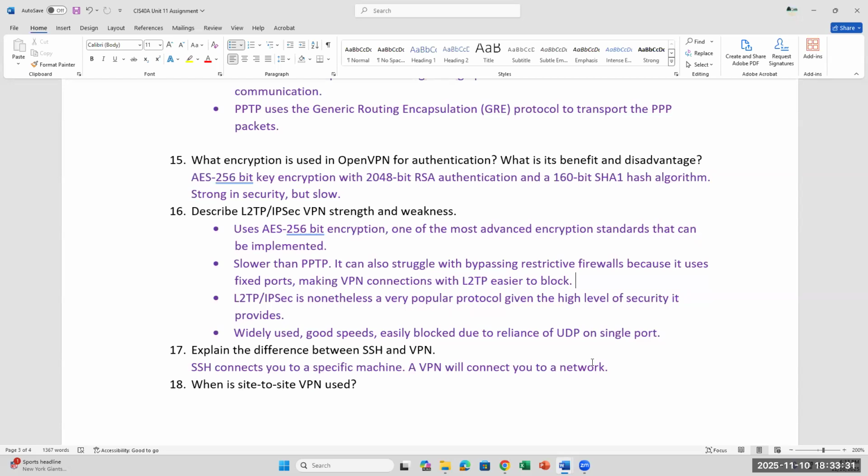A network, by definition, is two or more systems intercommunicating. That gives you a network. So VPN, virtual private network, as the name says, establishes a tunnel into the network, whereas SSH directly connects a system to a system. Got it? I hope that clarifies it, because I see people use it loosely.